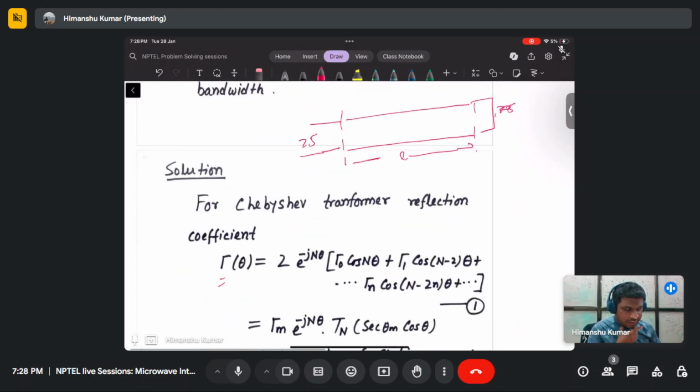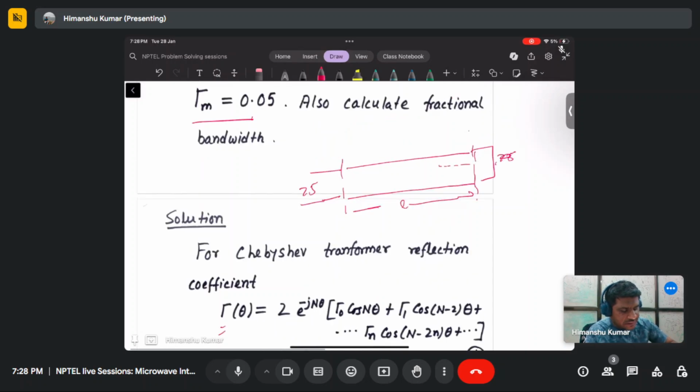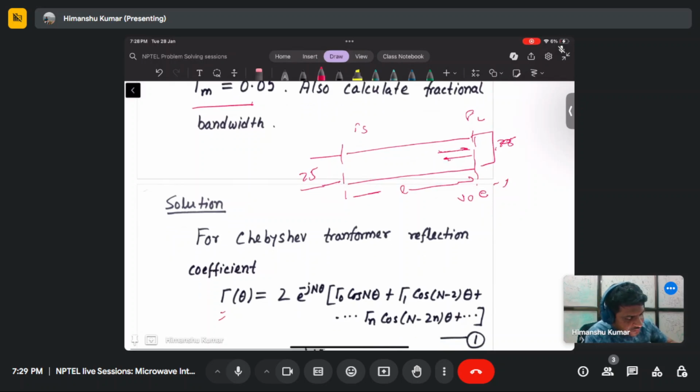Also there will be multiple reflections from this line. Once the wave is reflected, let's say the reflection coefficient is gamma L on the load side and gamma S on the source side. The incoming wave is like V naught times e to the power minus j theta, and when this gets reflected, it is multiplied by the reflection coefficient at the load.